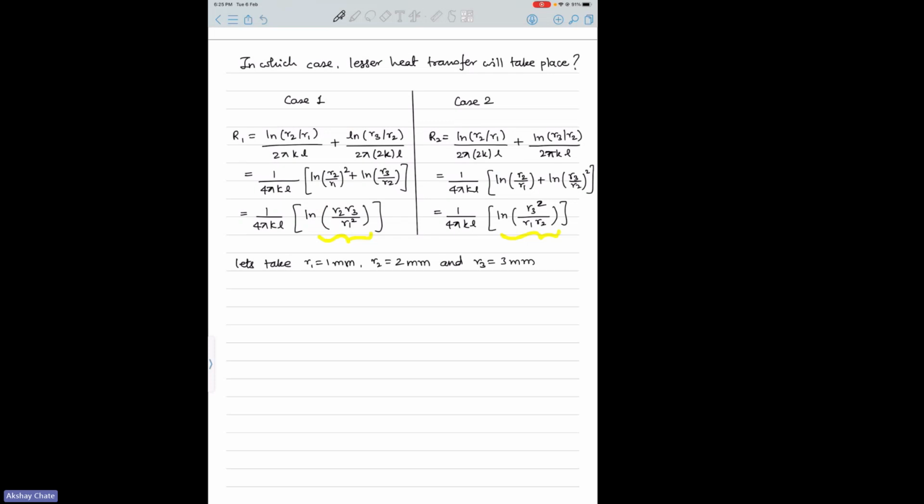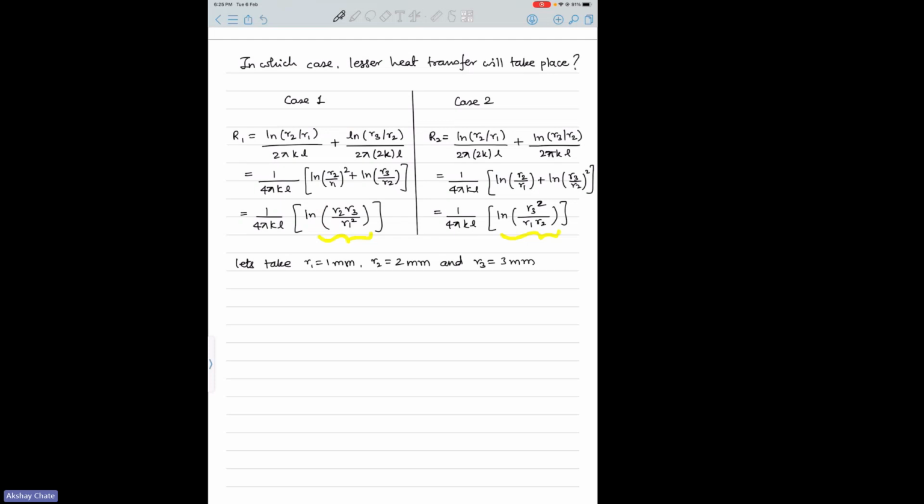And if you do that, let me just give you some idea. So you get R2 square by R1 R3 there, and like that. But you can't conclusively do that. You need further mathematical manipulation.